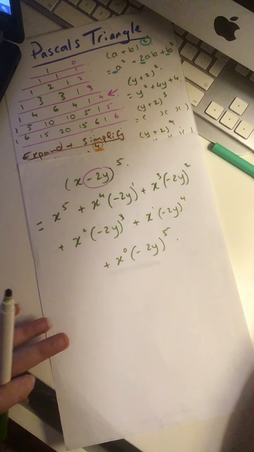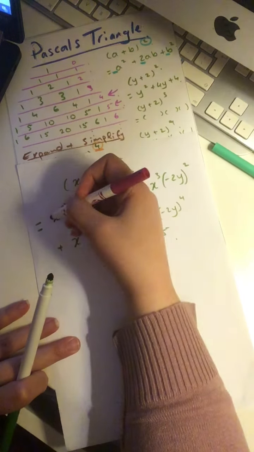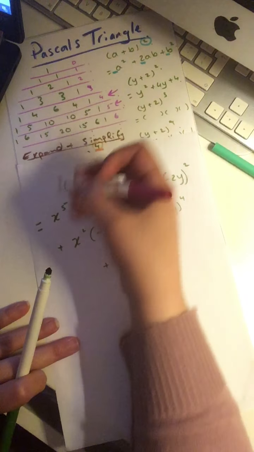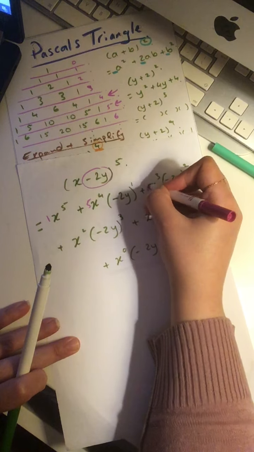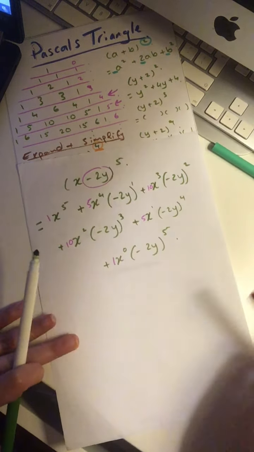Now I'll do the coefficients. So I'm looking at power 5, so it's this one. My coefficients here are 1, 5, 10, 10, 5 and 1.